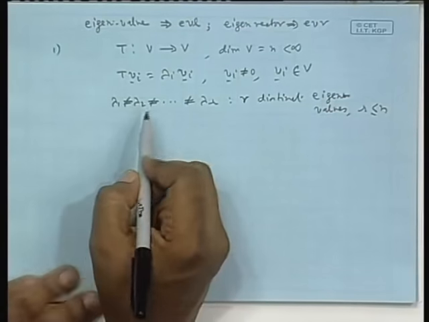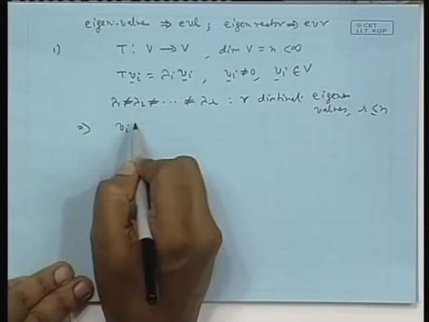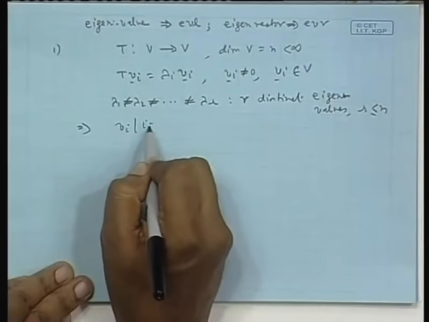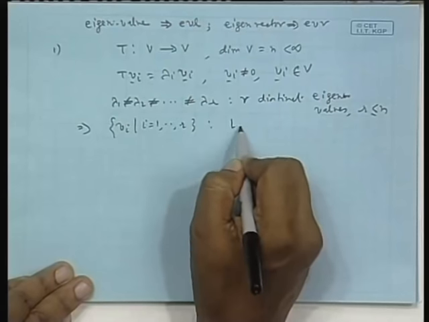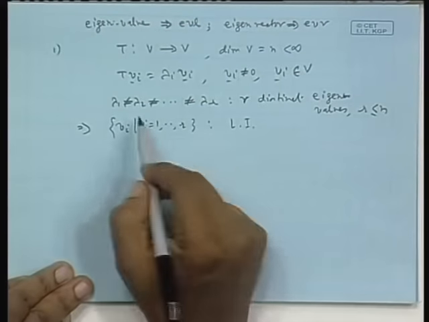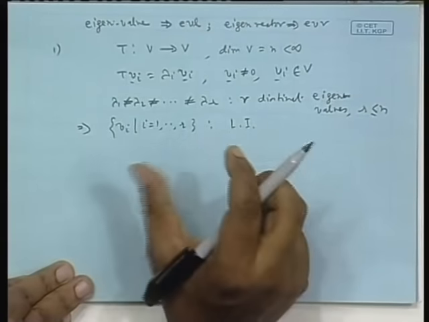Then we have seen that the corresponding eigenvectors V i, i equal to 1 dot dot dot r, are linearly independent. That we have seen, that eigenvectors corresponding to different, distinct eigenvalues are linearly independent.